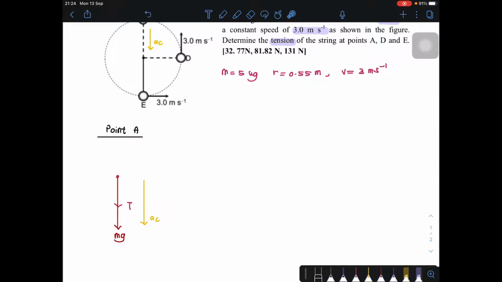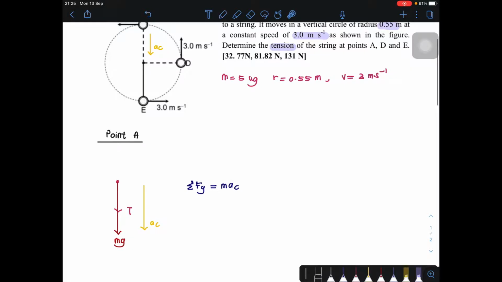So in order to find the tension force, keluarkan formula. The sum of Fy is equal to MAC. Sebab dekat y-axis kita ada acceleration. So kalau follow acceleration dia akan jadi positif. So kedua-dua ni follow acceleration, so bermaksud T dan mg adalah positif. T plus mg sama dengan MAC.